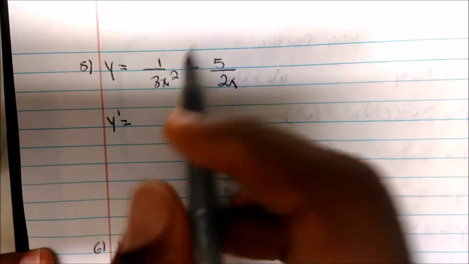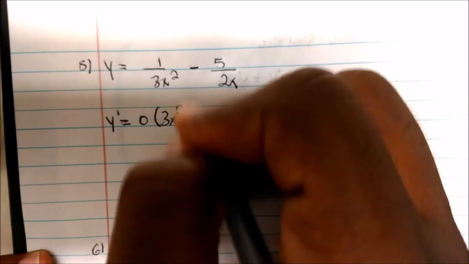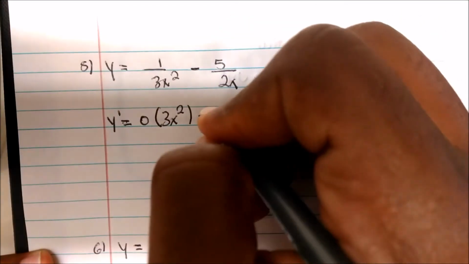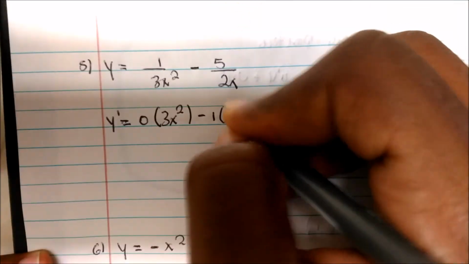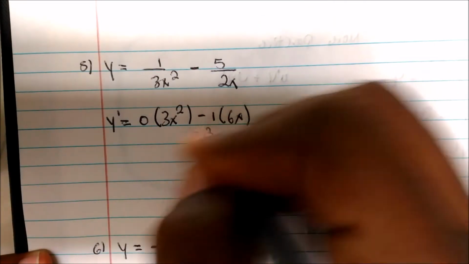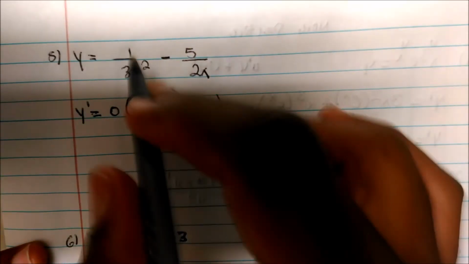Let's look at this one. All right. So again, quotient rule for these two individually. So the derivative of a constant is just 0, times plain old 3x squared, and then we're going to subtract from that 1, because 1 is just u again, times the derivative of v, which is just 6x, all divided by 3x squared, and we're going to subtract that from the same thing again.